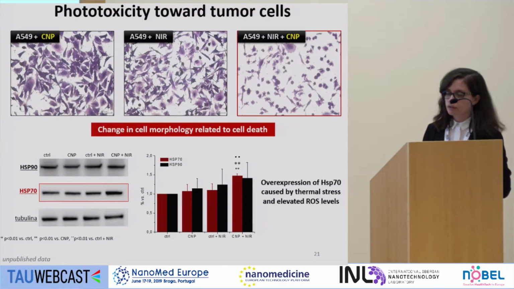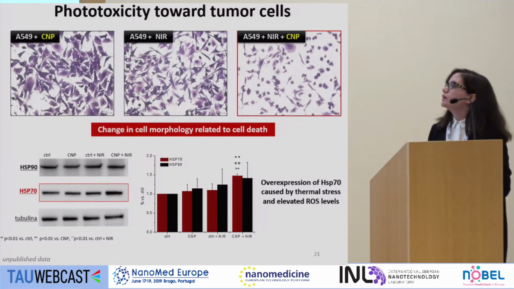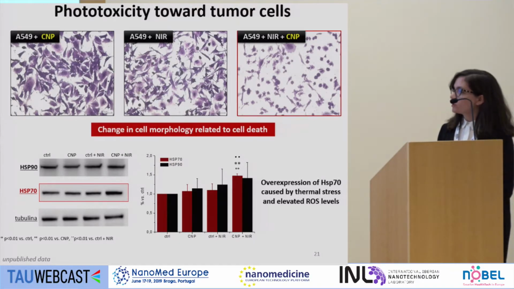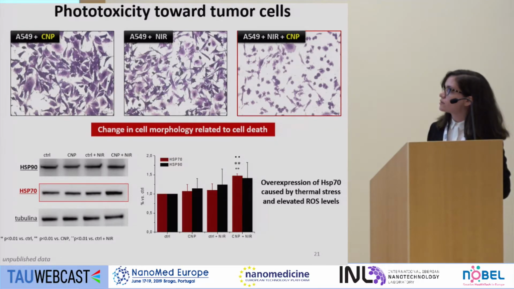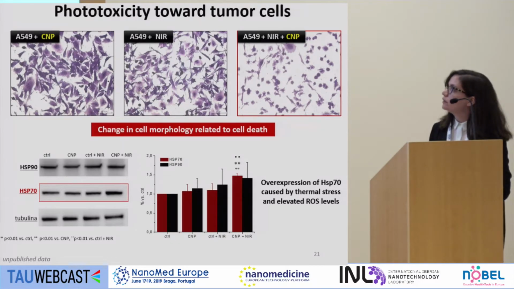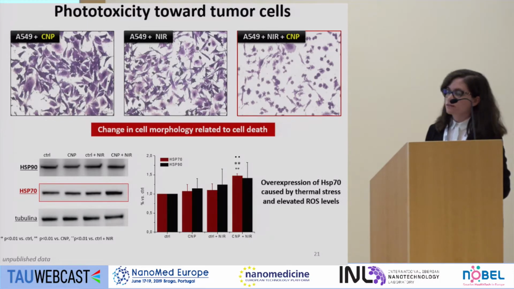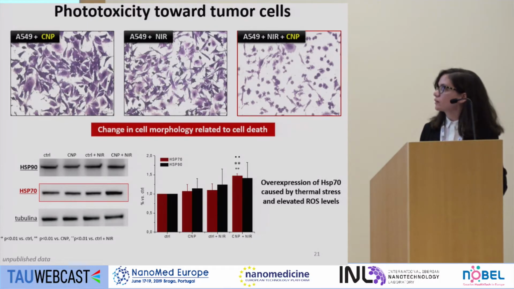We also quantified the stress-induced proteins, like heat shock proteins, and in particular, we found an overexpression of heat shock protein 70 in the case of the samples containing nanoparticles and irradiated with NIR, which is related to thermal stress and elevated ROS levels.